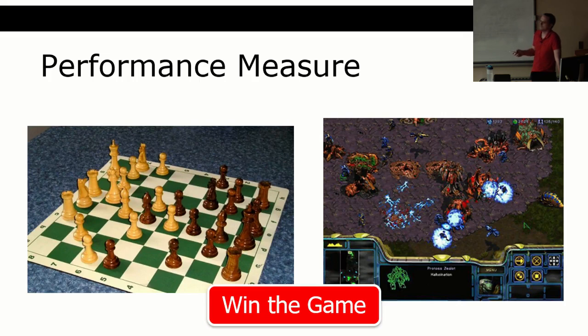Yeah, so what people do in many scenarios is come up with, because, okay, go win the game is kind of hard, right? How do I know if I'm winning or losing? How do I know if I'm going in the right direction, right? So this is a hard problem.